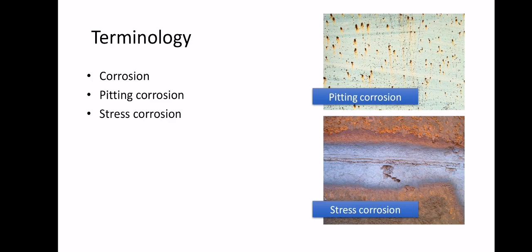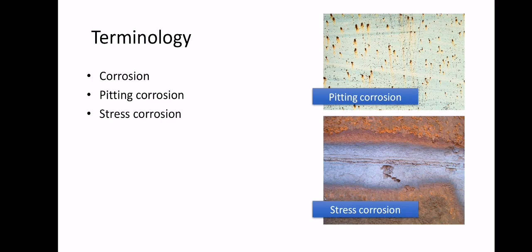The last one is stress corrosion. They found out that if you have a metal that is stressed, by stressed we mean tensile stress, then corrosion has a higher susceptibility to happen in this stressed metal. For example, in this picture, this is a weld, okay? We know that a weld comes with heat.